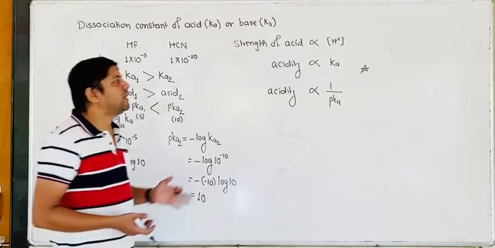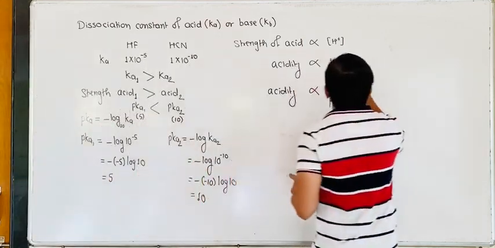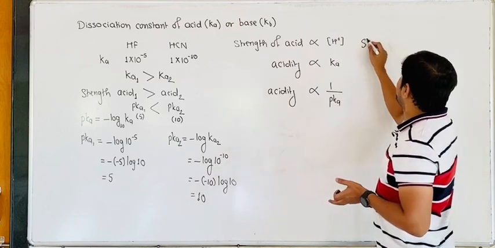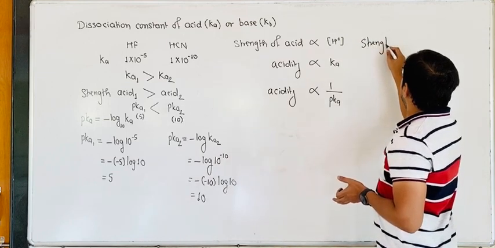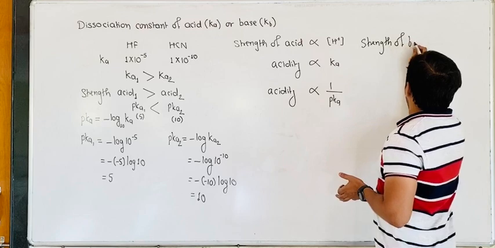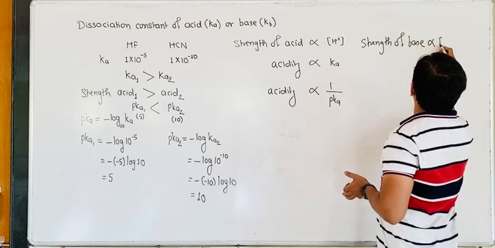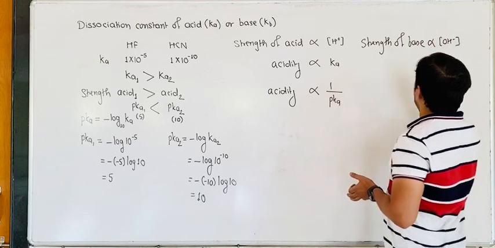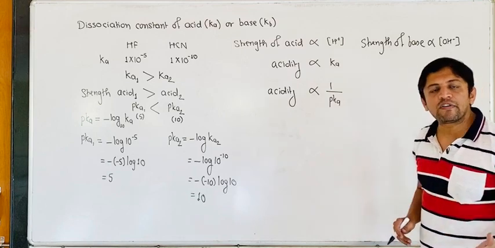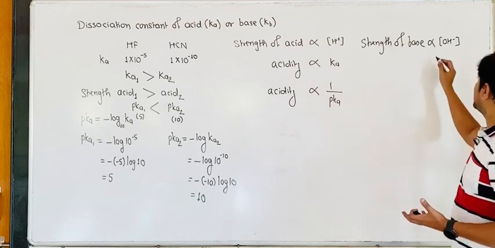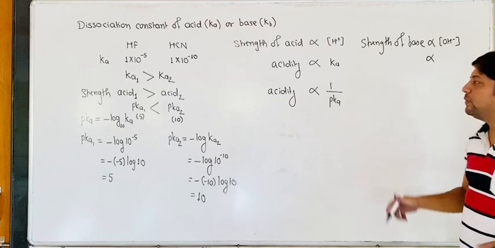Exactly similarly, these expressions can be written for base. Strength of base is directly proportional to concentration of OH minus ions, and concentration of OH minus ions is directly proportional to Kb values.